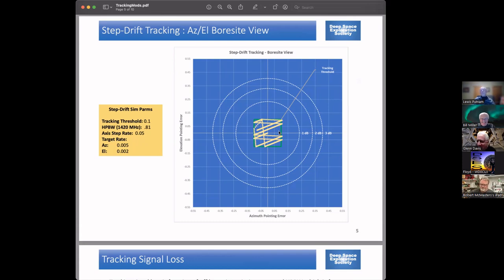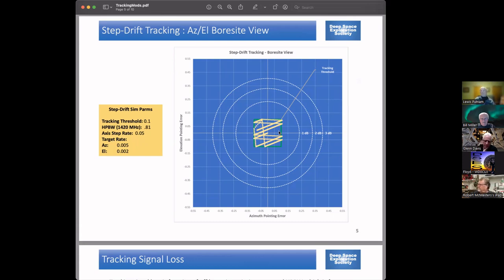What we're trying to set up is so you can vary that threshold. In fact, I'll show some plots later on at different thresholds and what it means with respect to signal loss and with respect to how frequently we're commanding the mount. That's the trade: accuracy versus how frequently.